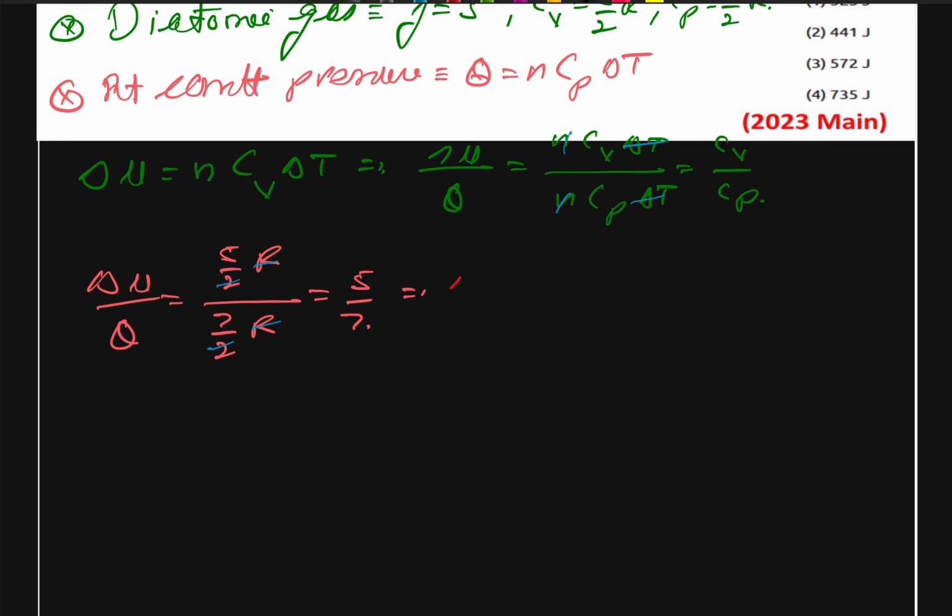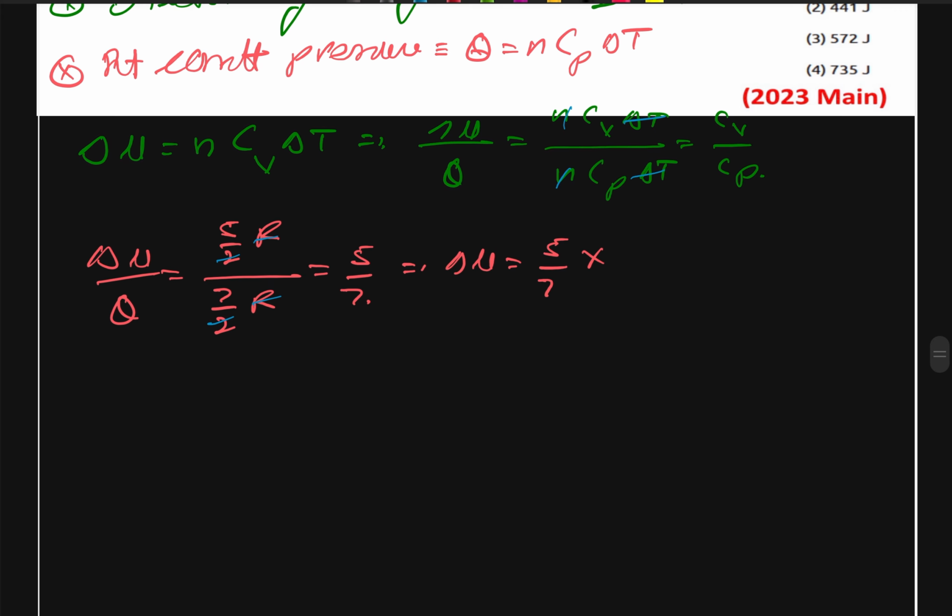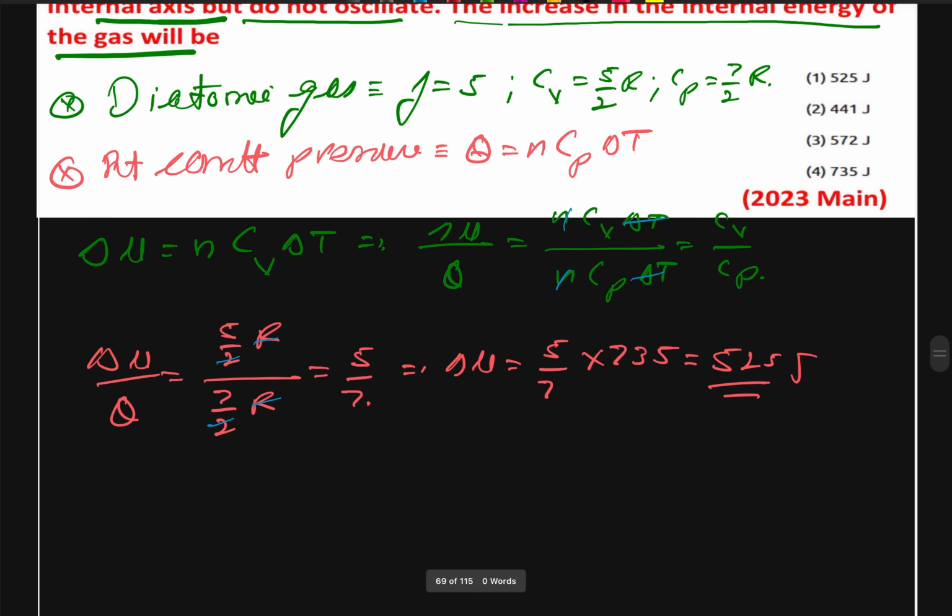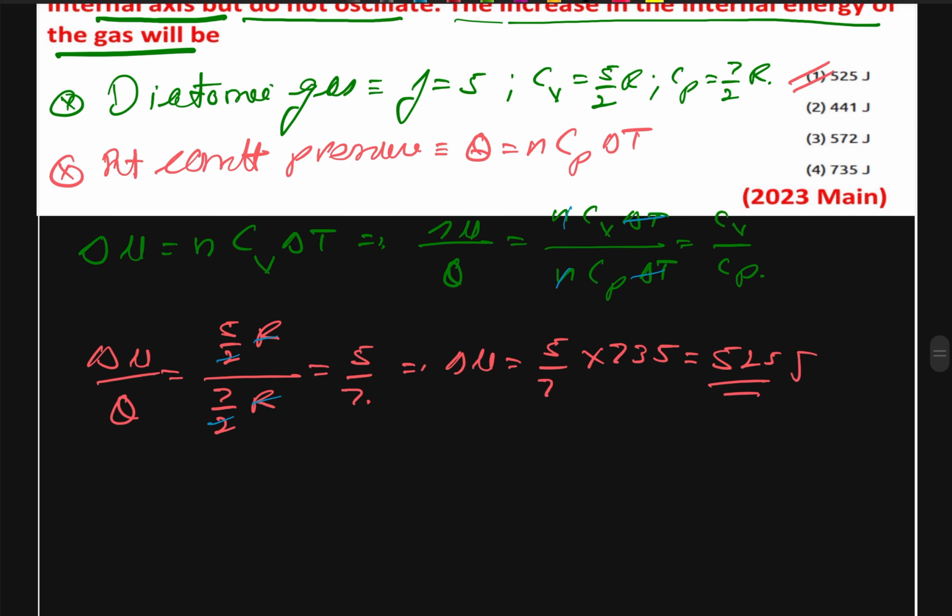Therefore, we get internal energy is equal to 5/7 multiplied by 735, and this will be equal to 525 joules. So we get option 1 is correct.